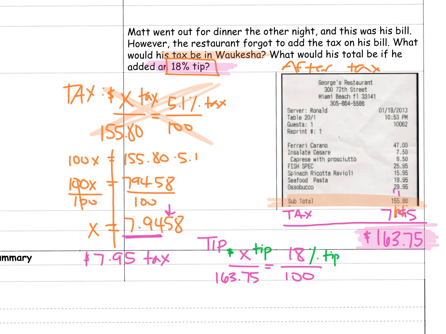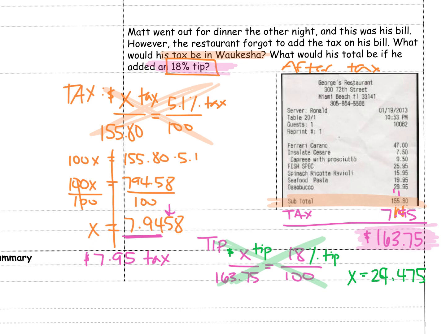So once again, pause the video, cross multiply, and figure out what is x equal to. If you did this correctly, you should have gotten that x equals 29.475. If you didn't get this, come ask for some help.